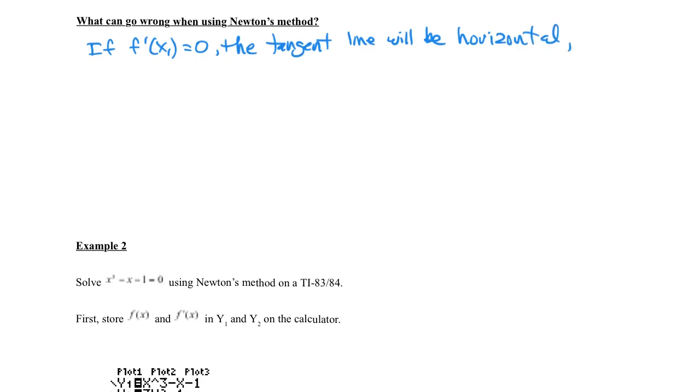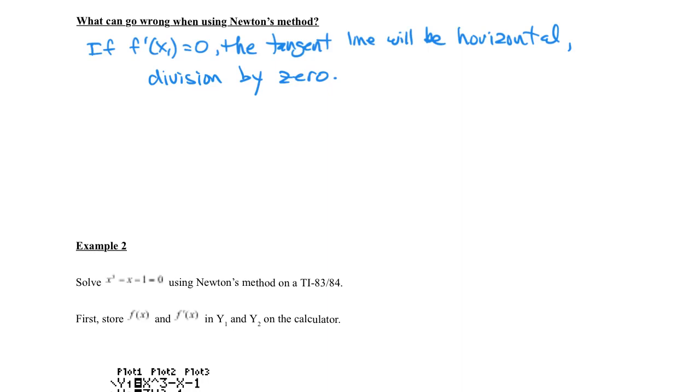And you're also going to get division by 0. So geometrically, you have a horizontal line. Algebraically, when you try to plug in the formula for Newton's method, you're going to get division by 0.